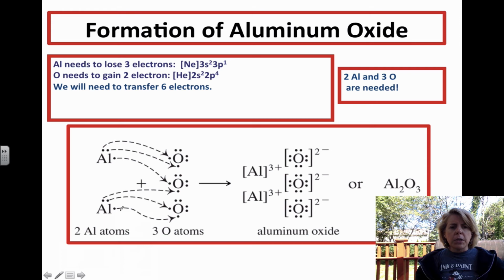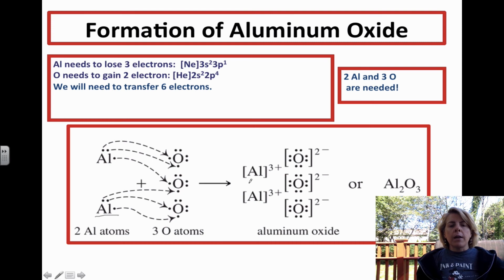There are 3 electrons within 1 aluminum, and 1 oxygen can take 2 of them, but that 3rd electron has to go to a 2nd oxygen atom. Then the 2nd aluminum will donate 1 electron to that 2nd oxygen atom, but then it has 2 left, and it can give them to a 3rd oxygen atom.